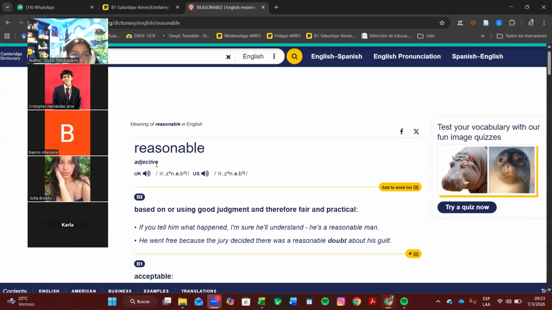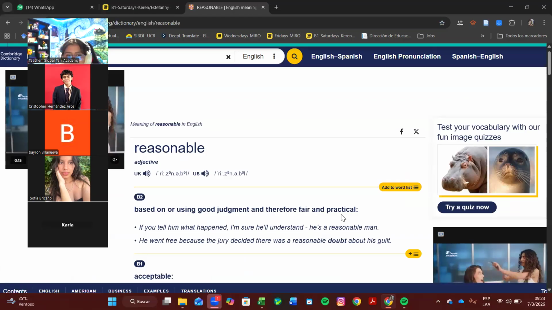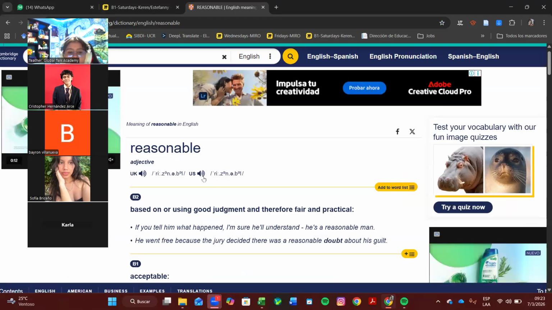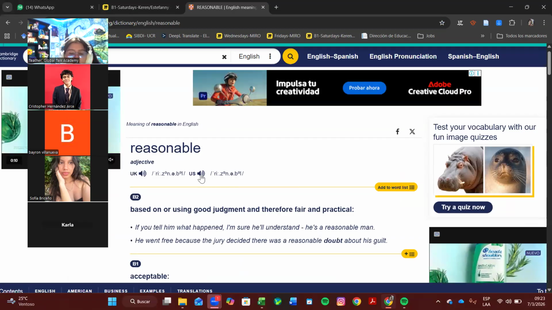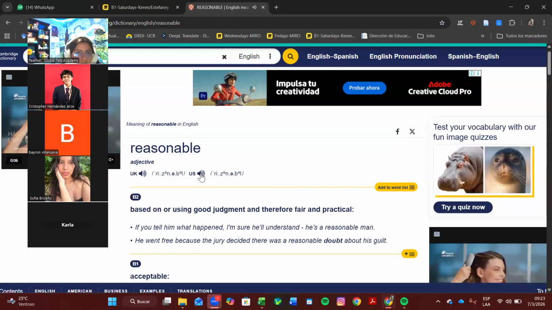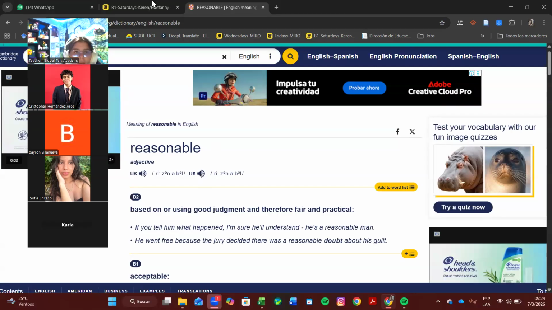Reasonable is an adjective, right? Based on or using good judgment and therefore fair and practical. So, it's razonable, right? And we pronounce it like this: reasonable. Reasonable. Okay. So we have the intonation on the first syllable, reasonable.